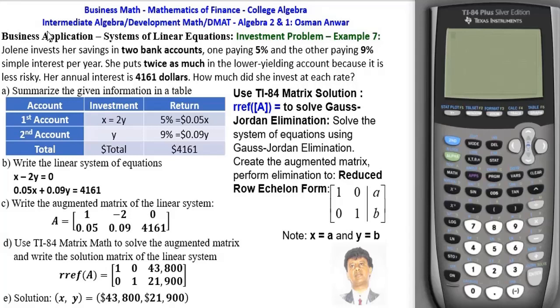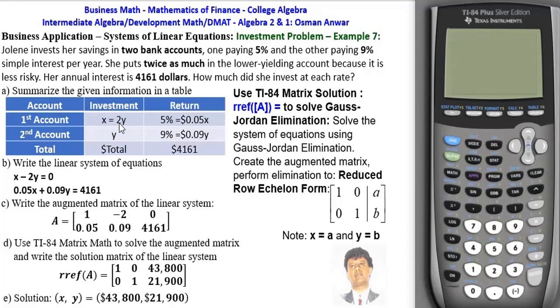Okay, again we're gonna summarize this into a table. So two accounts. In the first account she invested x and the return was 5%, so that is 0.05x. Okay, in the second account she invested y and the return was 9%, which is 0.09y.